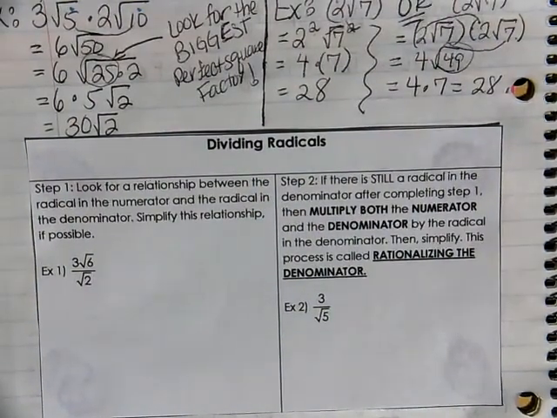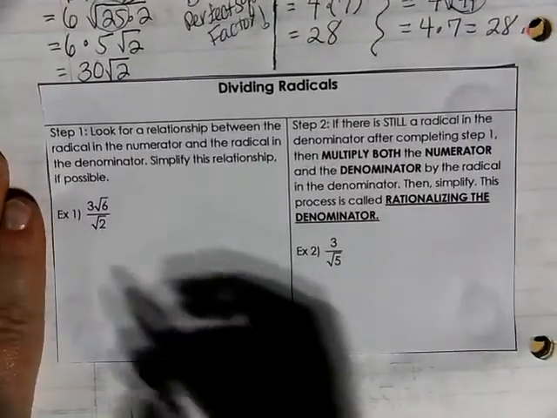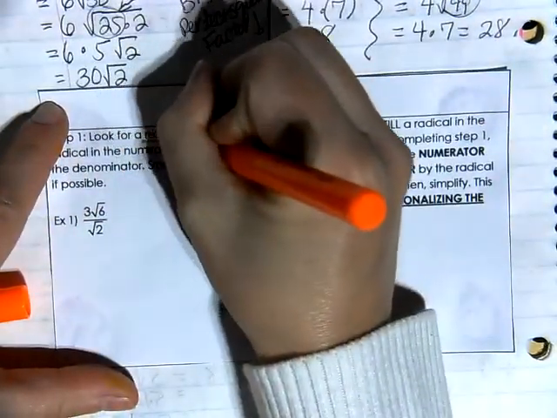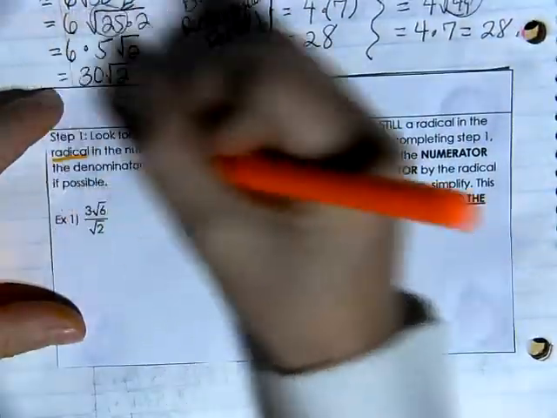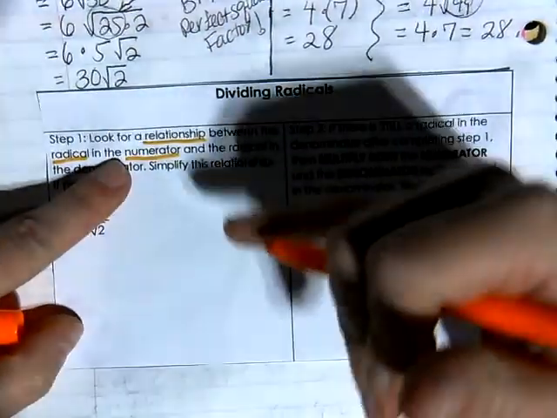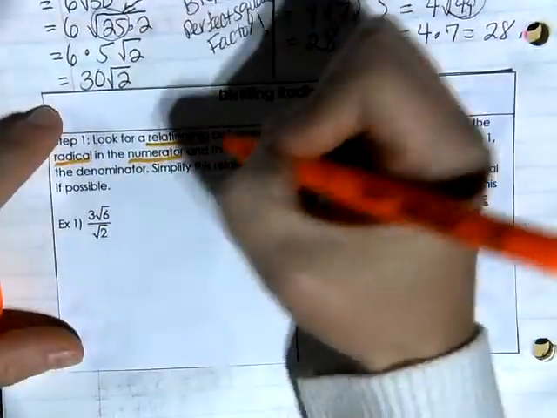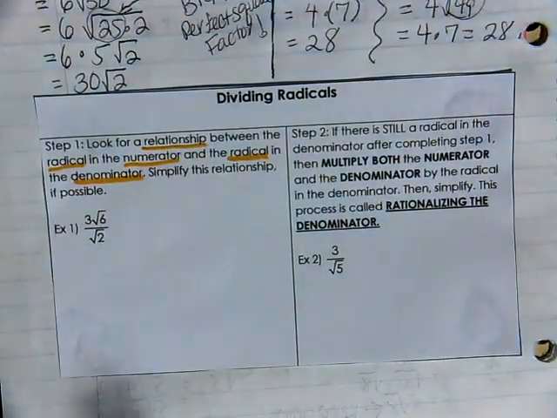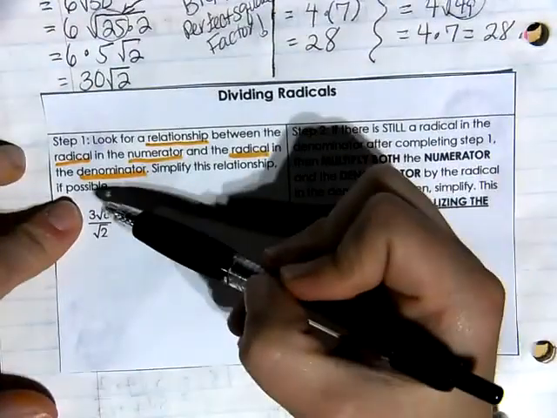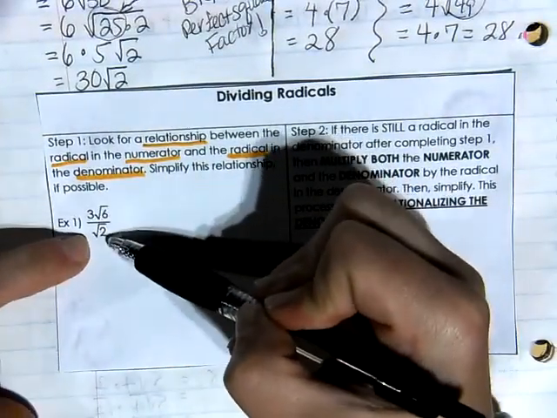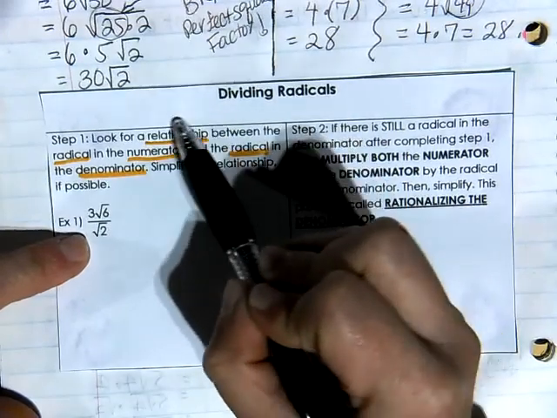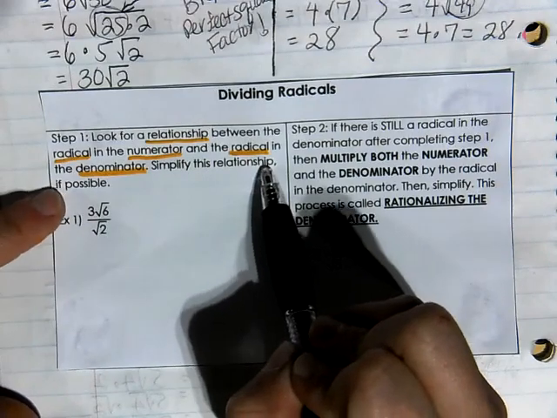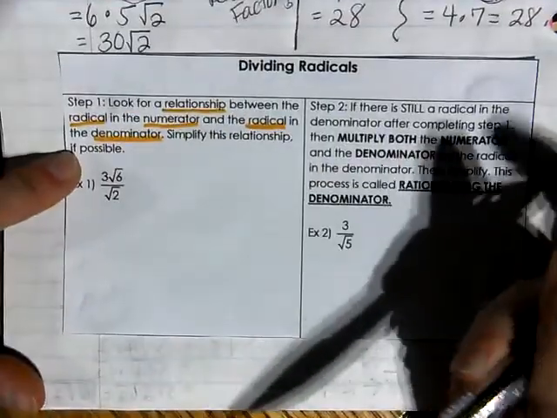When it comes to dividing radicals, step number 1 is to look for a relationship between the radical in the numerator, which remember means the top of the fraction, and the radical that's in the denominator. Can you simplify this relationship? Yes or no?